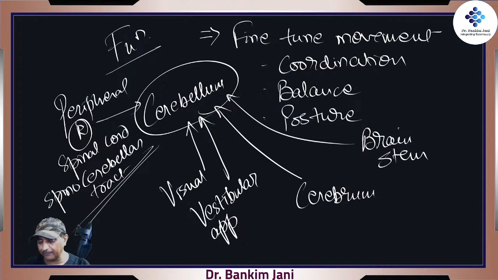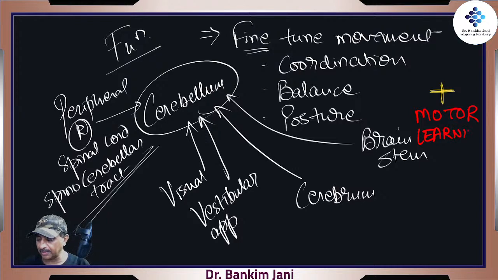So that means everyone is coming over there to the cerebellum, and this is how it is going for fine tuning, coordination, balance, posture, and one of the biggest things, motor learning.